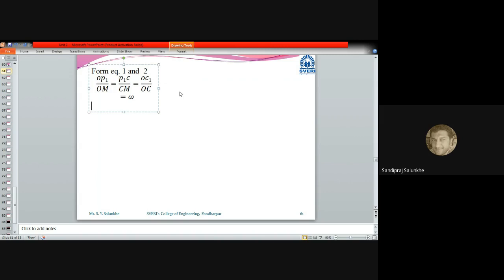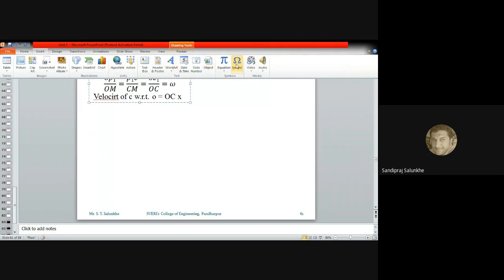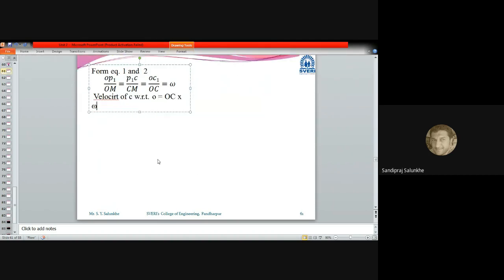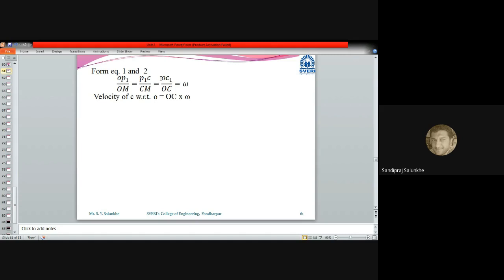ओके, सो कॅन आय राईट हिअर that velocity of C with respect to O is equal to velocity of C with respect to O काढायचे आपल्याला. सो क्लीन्स कन्स्ट्रक्शन मधलं OC हे डिस्टन्स मल्टिप्लाय बाय ओमेगा. कारण OC1 हे काय इंडिकेट करते? फक्त OC मी पलीकडे नेले इकडं.